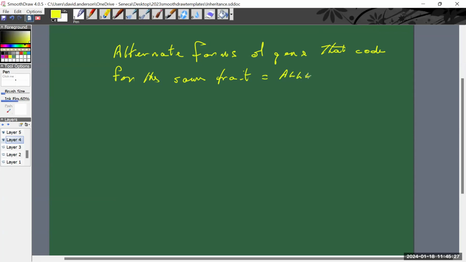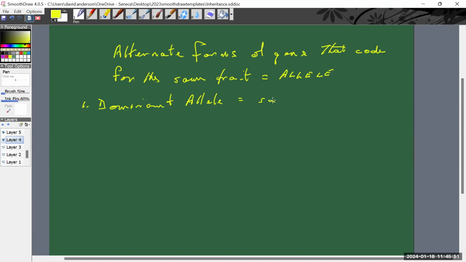So mom is going to provide an allele and dad is going to provide an allele for a particular trait. Now, if the allele is dominant, what that means is it's going to mask any other allele that might be contributing to that trait.